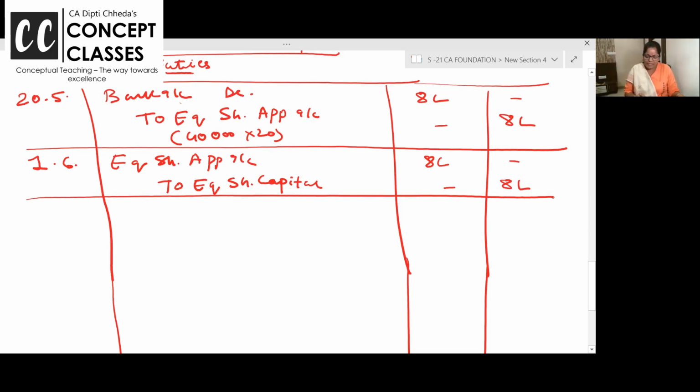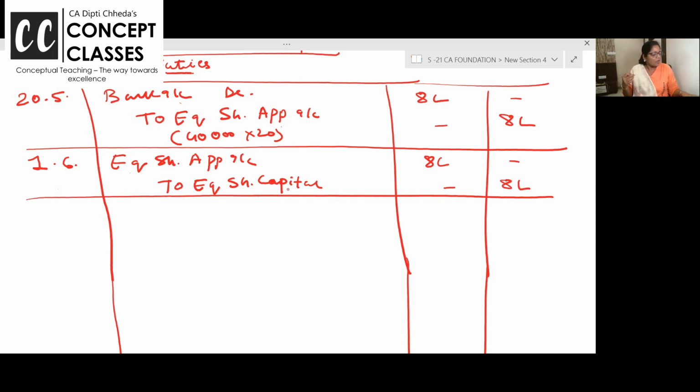We received the application on 28th May. On 1st June, we said, okay, 40,000 accepted, we will allot. Now, welcome, you are part of the capital. So now the application, which was credit, you debit it. So bank to share capital is the net effect. No one should pass the combined entry to nullify the effect, because application is received on a different date and allotment is made on a different date.